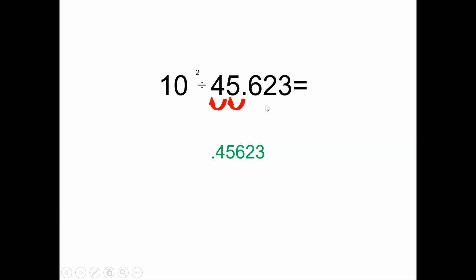And again, you can agree that 45 and 623 thousandths is bigger than this number here. This is a very small number, right? When we see this, we think that's pretty small. That's tiny, right?